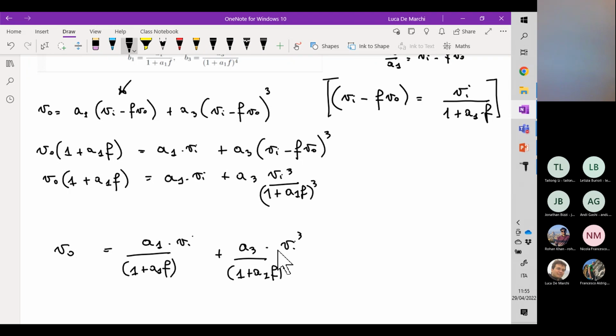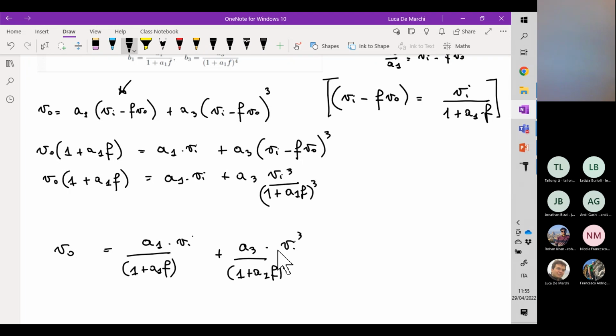So if we plug this result in here, we have that V out plus A F V out over small z null is equal to I out. Again, some algebraic manipulation.